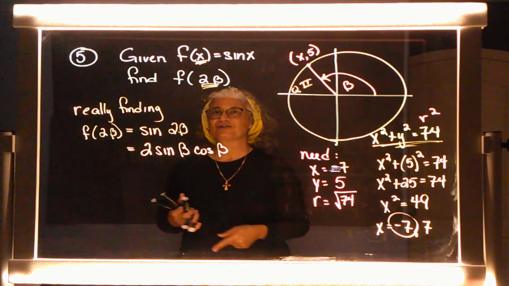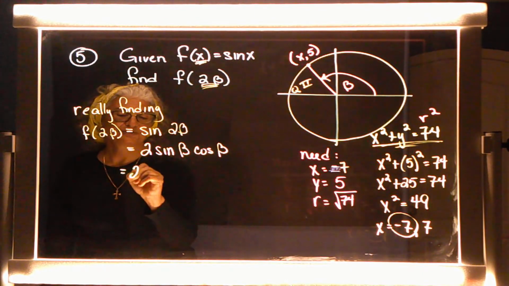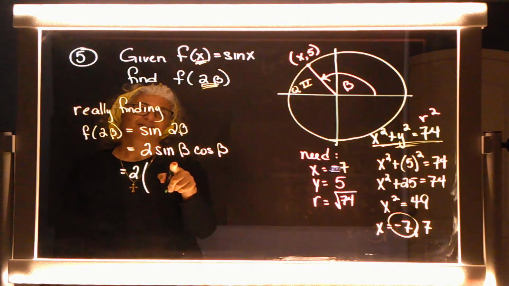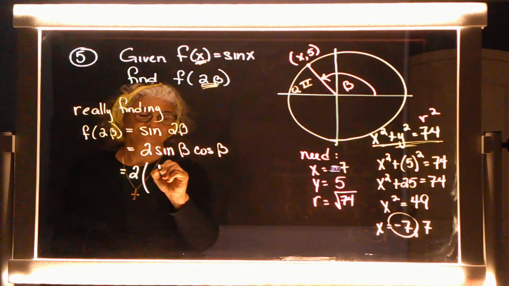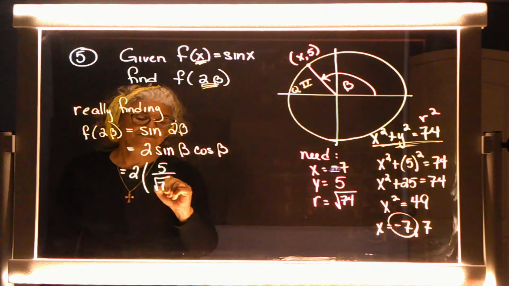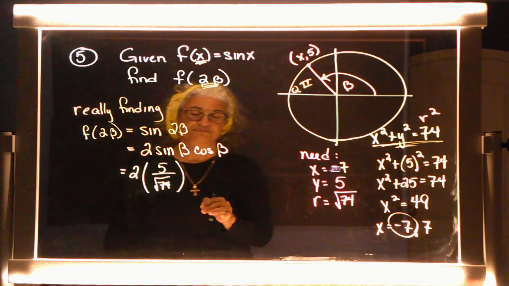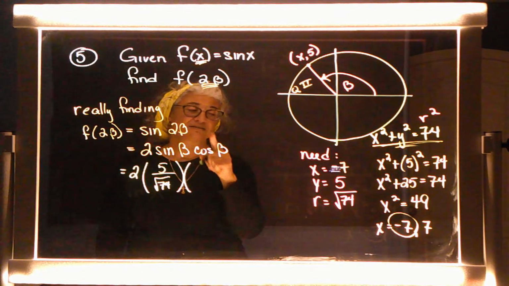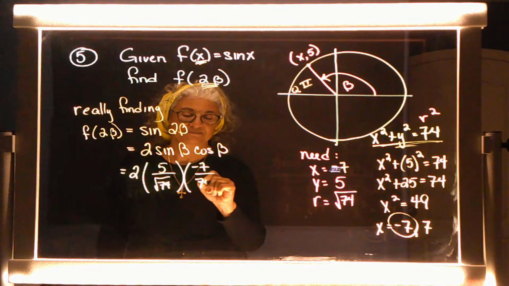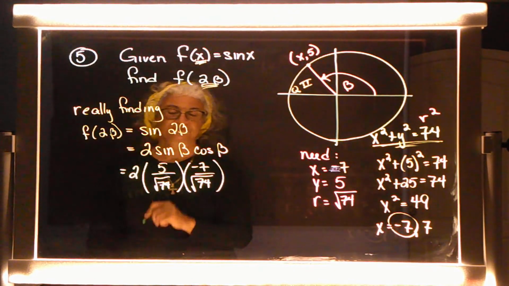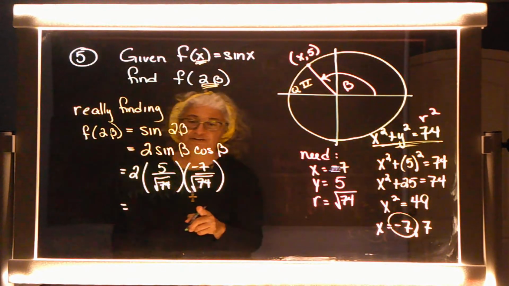Okay, so let's come back over here. Let's see what this looks like. So I have 2 times the sine. How do you find sine? Y over r. And some of you are going, shouldn't we rationalize that? Just hang in there. Cosine, x over r. Agreed? Okay, so I multiply the numerators.